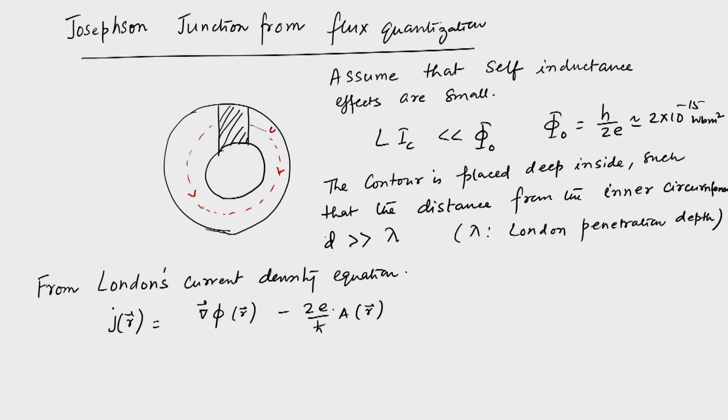This you can see in your notes. This is called the London equation. For J(r) equal to 0, which is the current density in the superconducting specimen being 0, this is how the Meissner effect is actually derived. So, this gives that grad phi is equal to 2e A(r) by h cross, and then we do an integration.